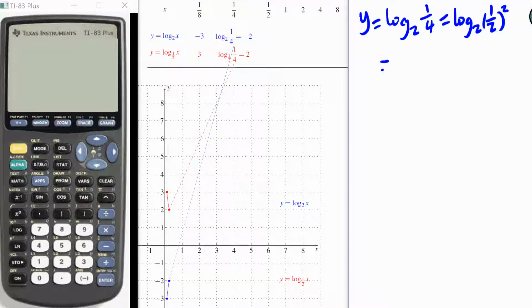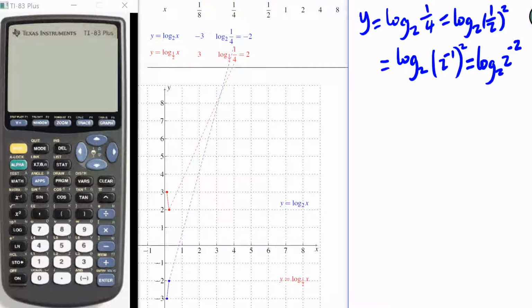Then we know that will be log base 2 of (2 to the negative 1) squared, because 2 to the negative 1 is 1/2. Then you have negative 1 times 2, so you have log base 2 of 2 to the negative 2.